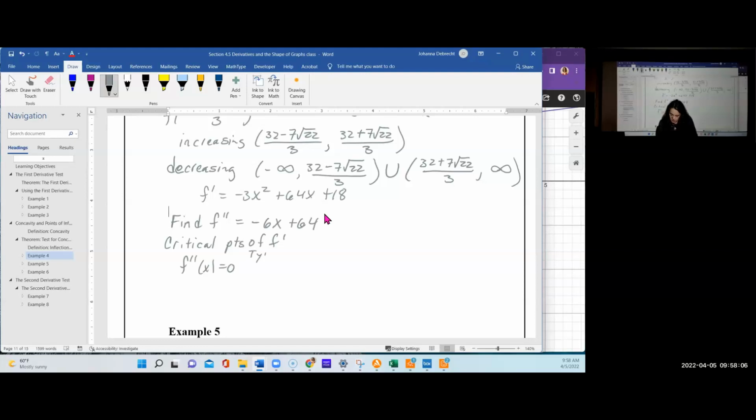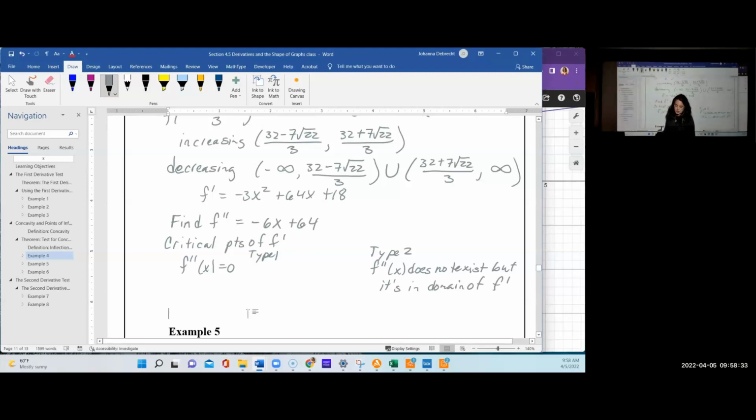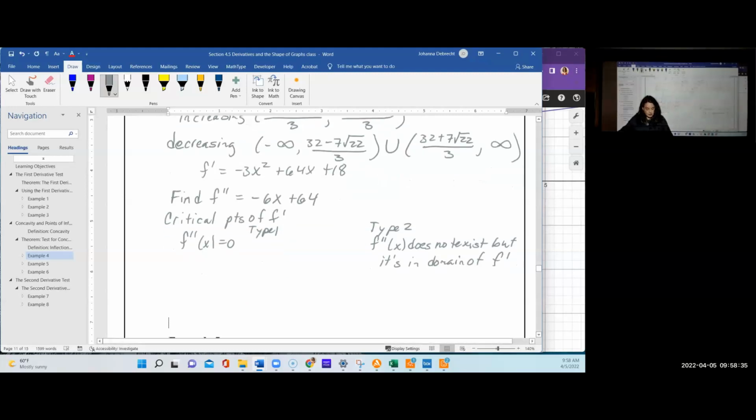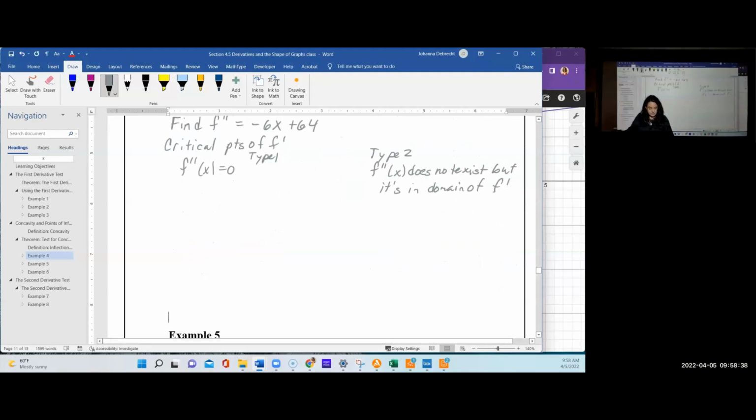This is a type 1, or type 2: the second derivative of x does not exist, but it's in the domain of the first derivative. So it's exactly the same process we did the first time, just repeated on the first derivative.